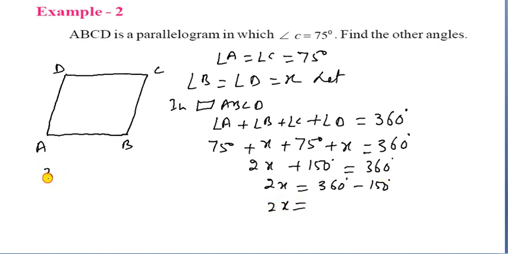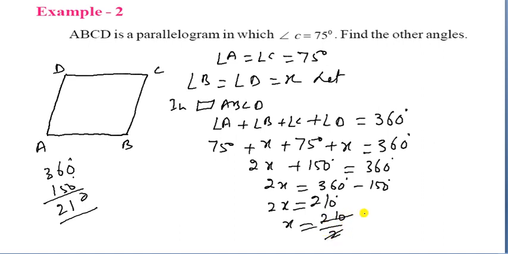Subtracting 150 degrees from 360 degrees, we get 210 degrees. So x is equal to 210 divided by 2, so x will be equal to 105.